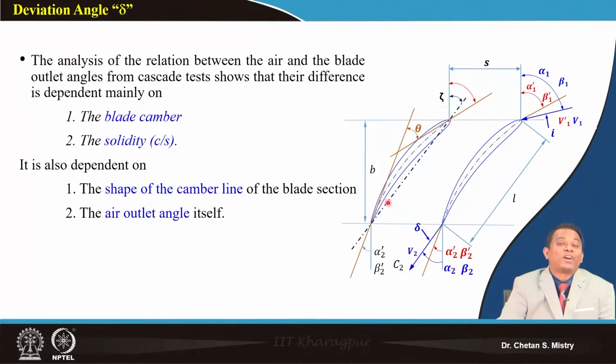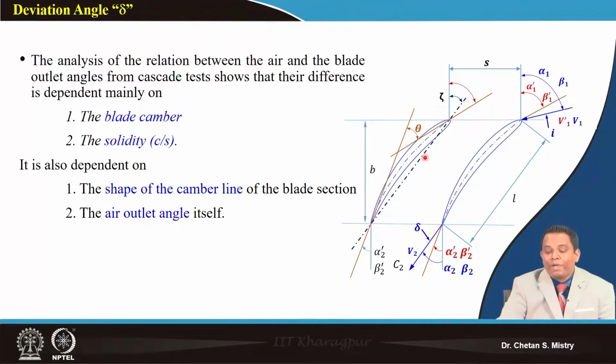Since we are working under adverse pressure gradient, we have realized that the larger the turning of my blade, the more chances for my flow to get separated on the suction surface, and that will lead to a thicker wake coming out. That means my flow will come out at a larger deviation angle.